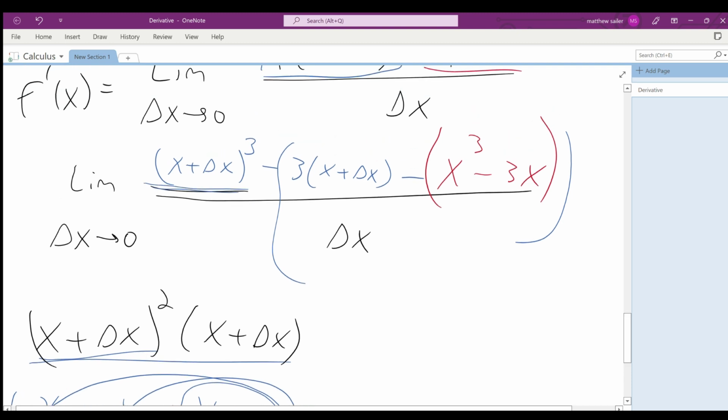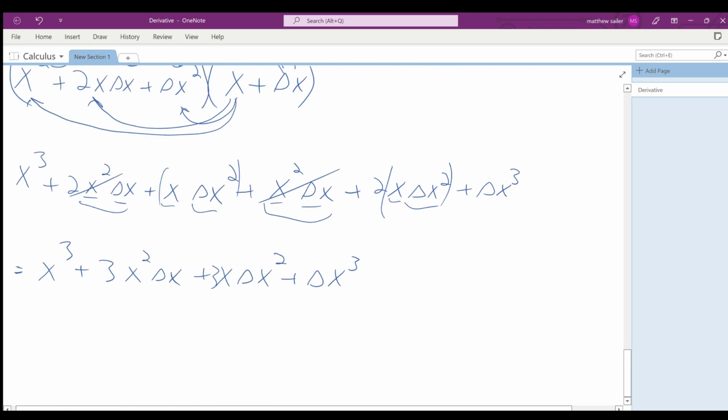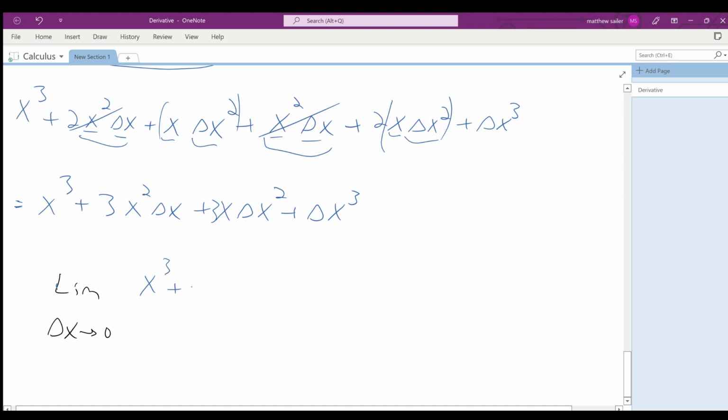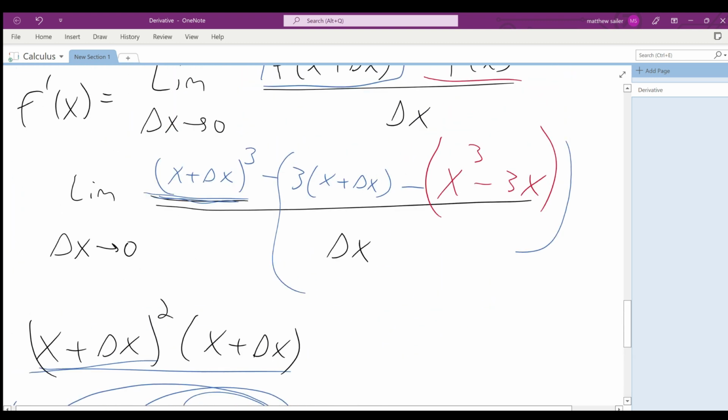So I'm going to rewrite this and plug in what we found for this. So we had the limit as delta x approaches 0 of x cubed plus 3x squared delta x plus 3x delta x squared plus delta x cubed. And now let's see what we were missing.